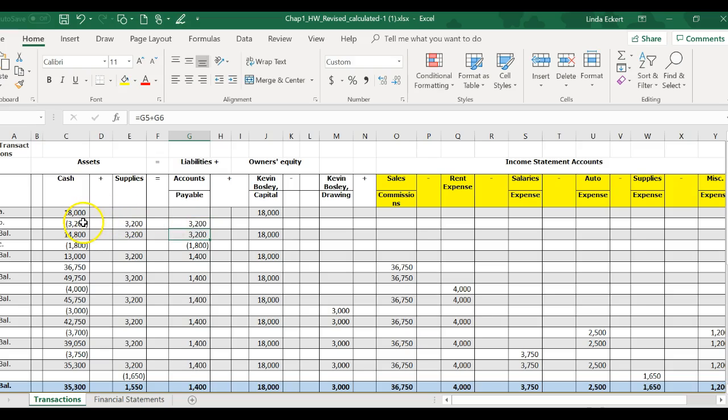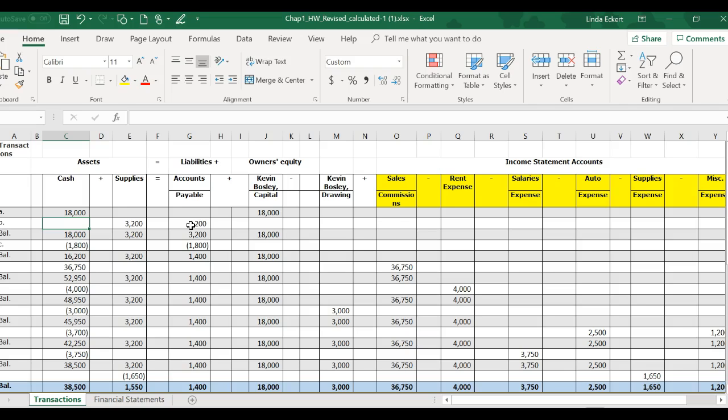And I needed to take this one away. So on B, it should be 3,200 on this, so I'm adding it here, and I'm adding it also in my accounts payable to increase it. So that takes care of that one.